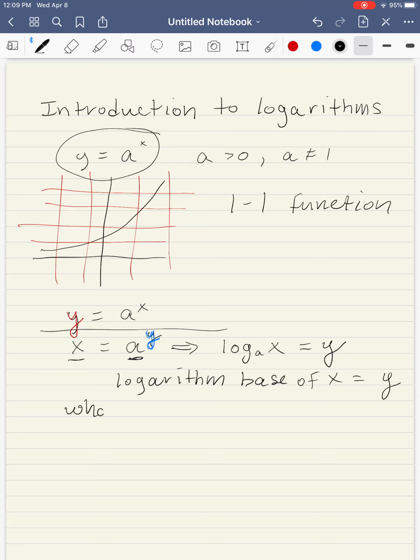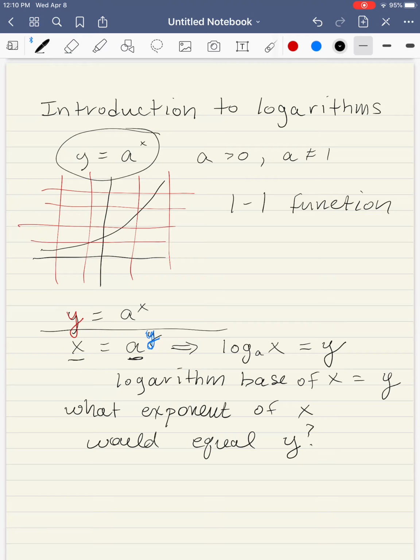In other words, what power, what exponent, would equal y? And I know using all these symbols, it's difficult for you to understand what I'm saying. So let's go ahead and look at some examples.